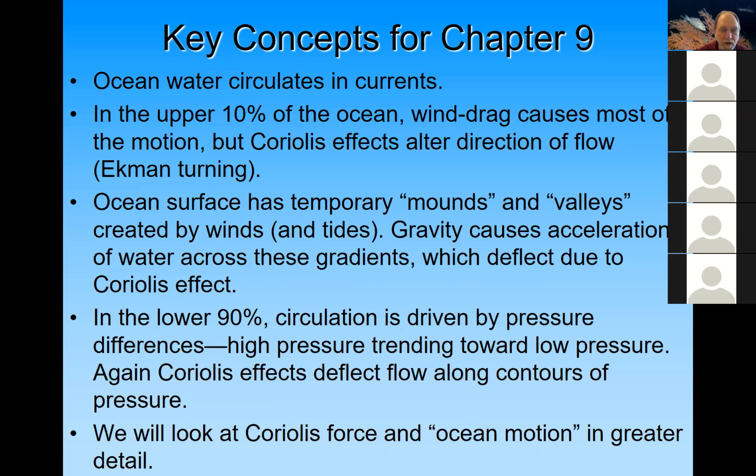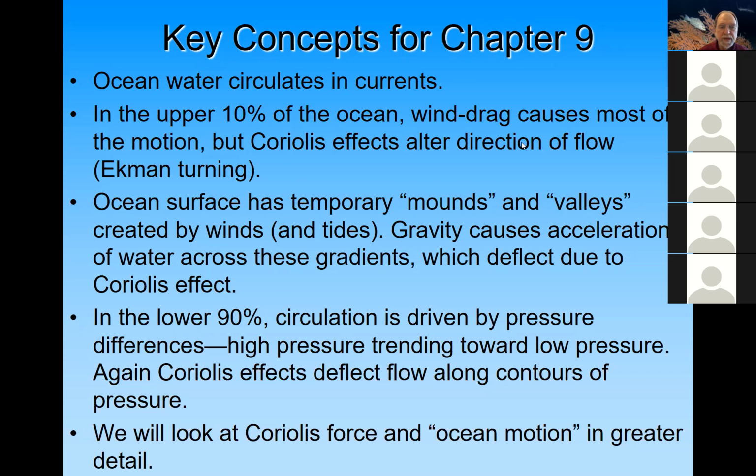You've all heard of the Gulf Stream, which is an important current, but there are many other currents, the Kuroshio current, the Humboldt current. There are many currents that have different names, and they are created by the same sorts of predictable forces as create the winds.